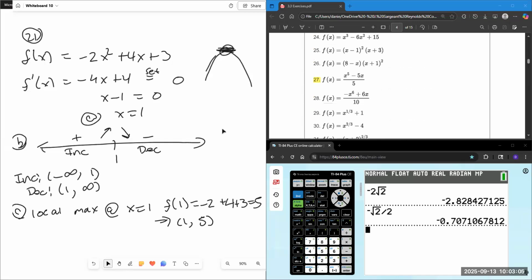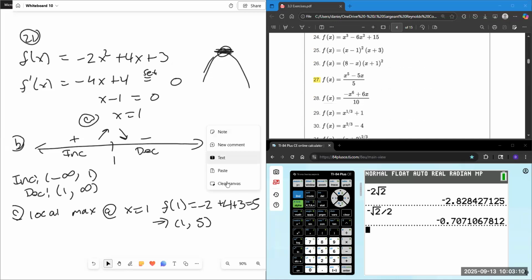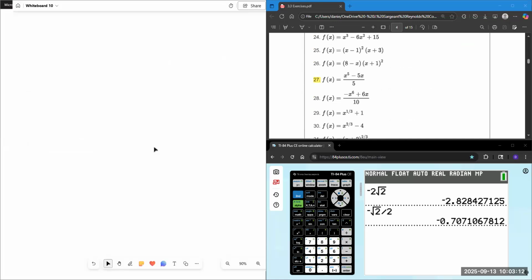All right, let's look now at number 27. F of x is equal to x to the 5th minus 5x over 5.